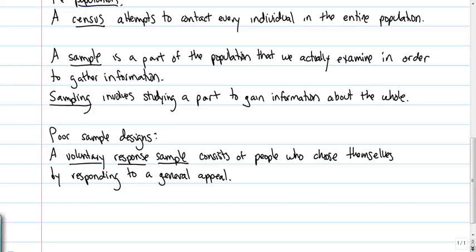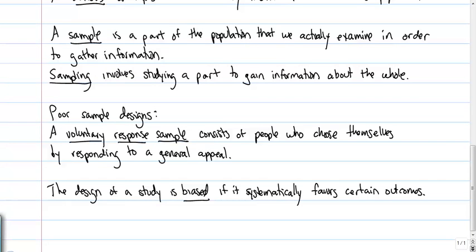A voluntary response sample consists of people who choose themselves by responding to a general appeal. That is, a voluntary response sample is one in which people choose themselves to be part of that sample. Voluntary response samples are poor samples because they're what we call biased. We say that a study is biased, or the design of a study is biased, if it systematically favors certain outcomes.